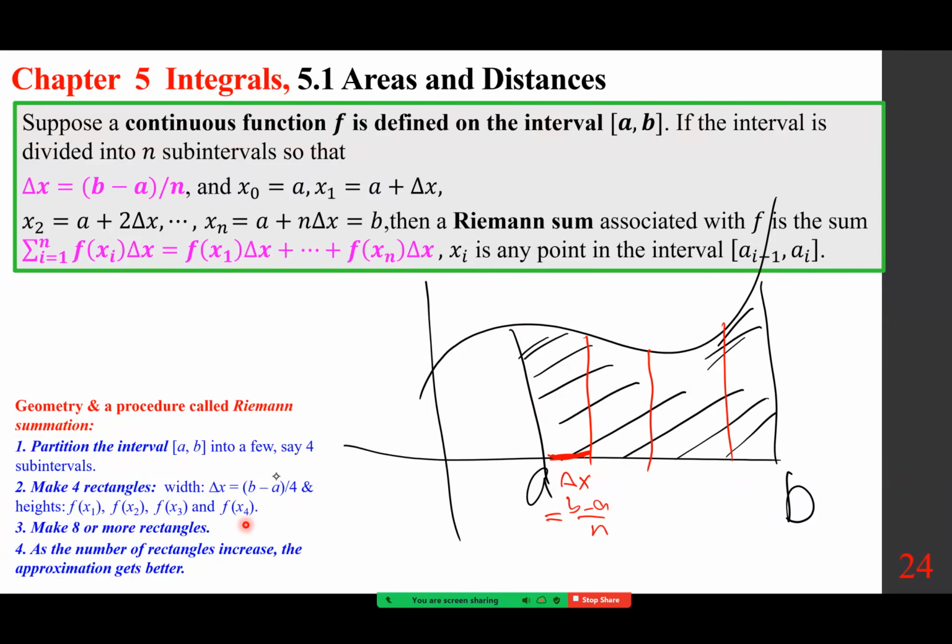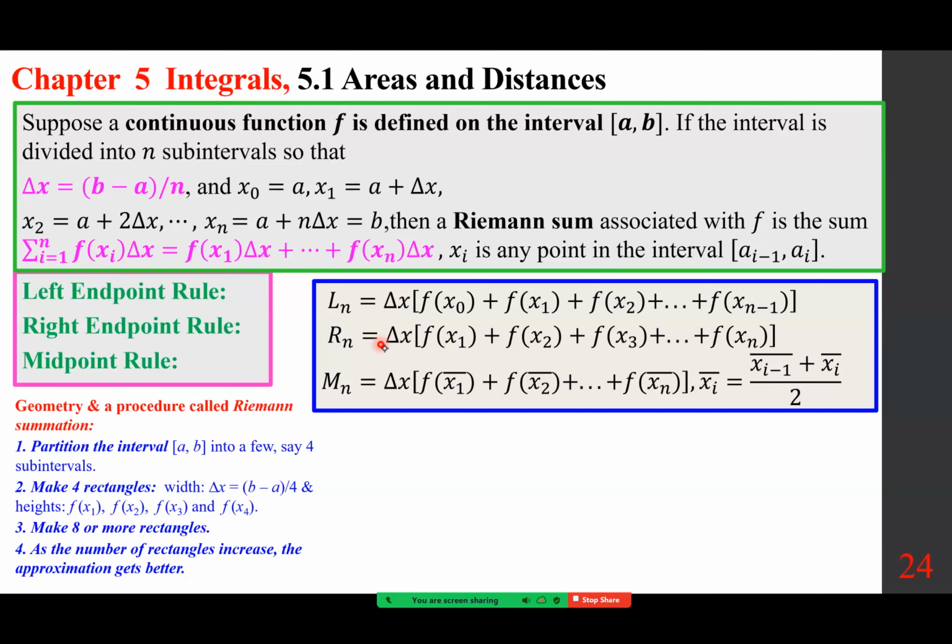If you're using the left endpoints, you're using them for the functional value to represent the height. The width is fixed at delta x. So it stops before we get to b for the left endpoints. For the right endpoints, all the points except A. For the midpoints, the points in between. Again, I will quickly show you.